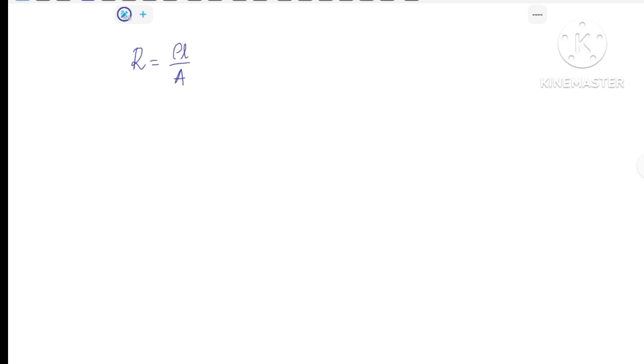Now we will see for a small change in length of a wire how the resistance will change, what percentage of resistance changes, and for a small change in area, what is the percentage change in resistance. In order to know that, I am just applying log on both sides.